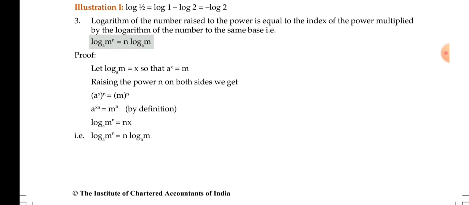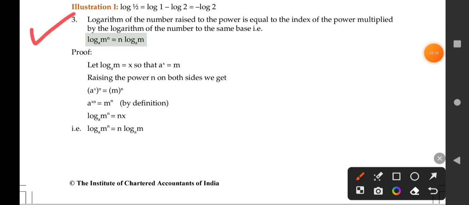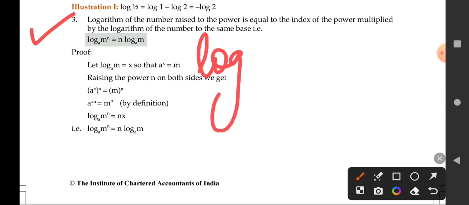Alright, third law. Third law is logarithm of the number raised to the power is equal to the index of the power multiplied by the logarithm of the number to the same base. What does it mean? Again, logarithm of the number raised to the power, m power n, is equal to the index of the power.